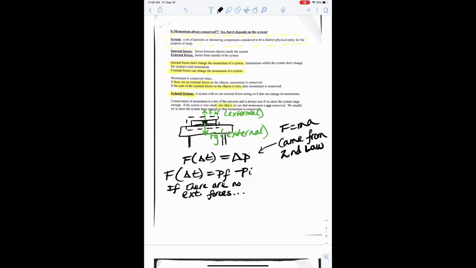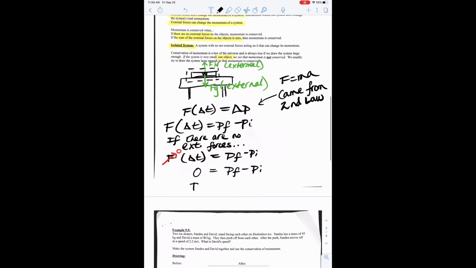If there are no external forces, check this out. Get my red marker, then this F is equal to 0. And therefore, 0 times delta T is just 0. Hopefully you see where this is going. Oh, kick delta P over to the other side, right? Aha. All right, so when there are no external forces, momentum is conserved.